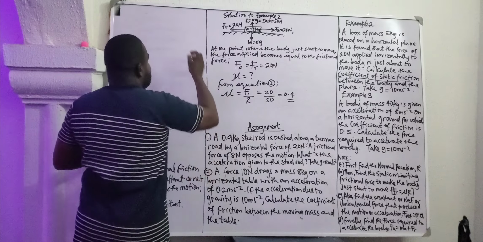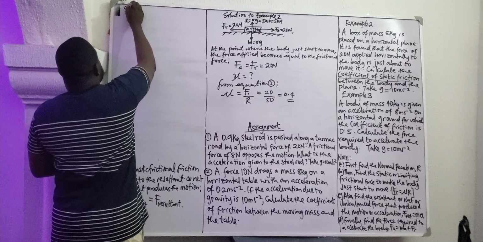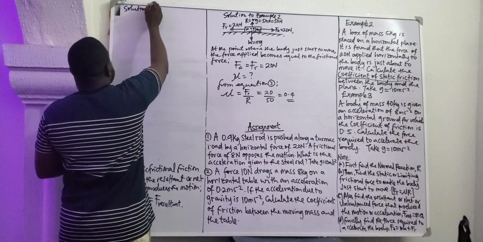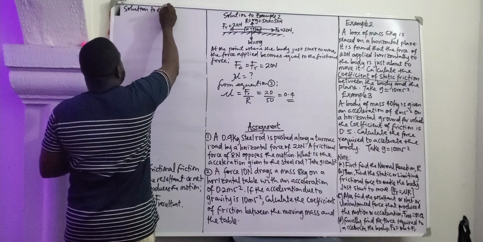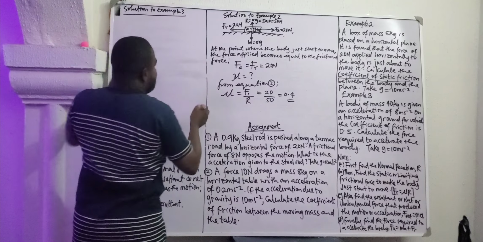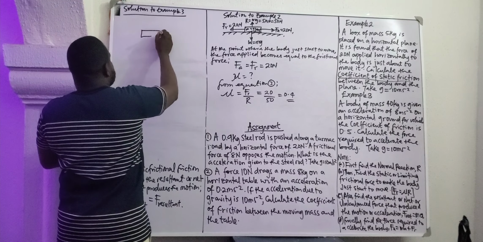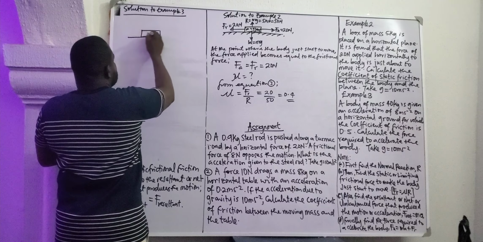So let's look at example 3. I will use it to explain it. The solution to example 3. Now we have the body. Observe the way I'm going to do this.